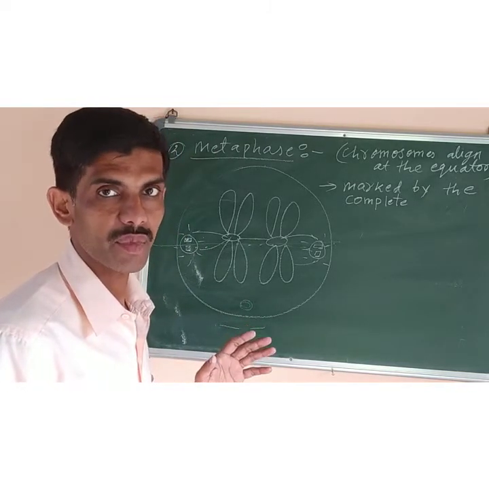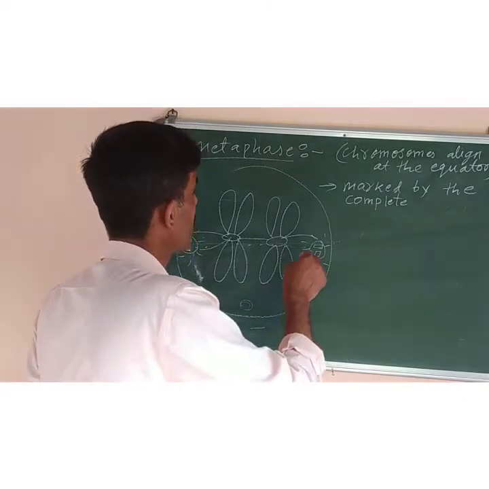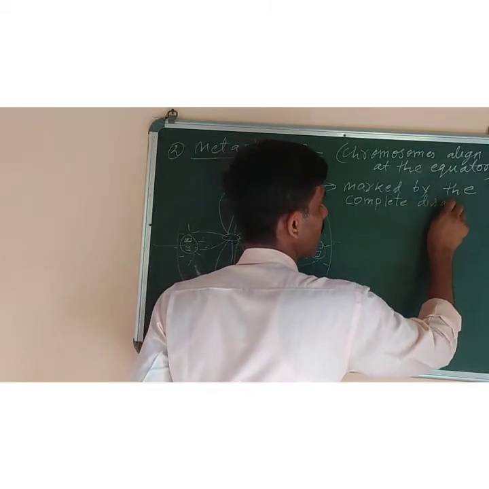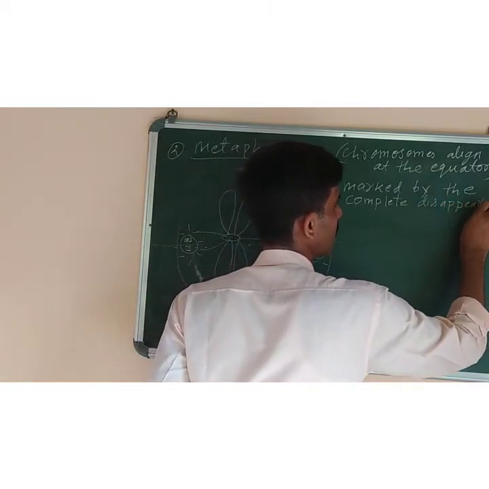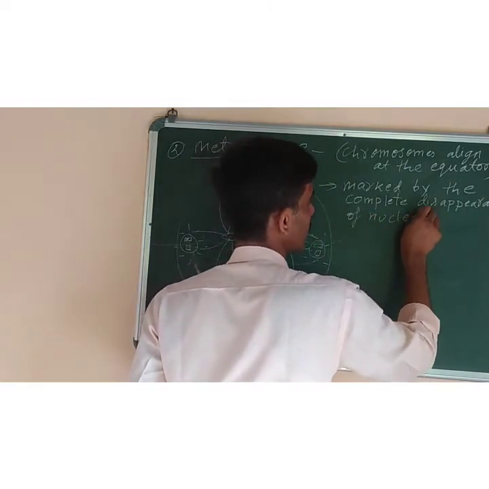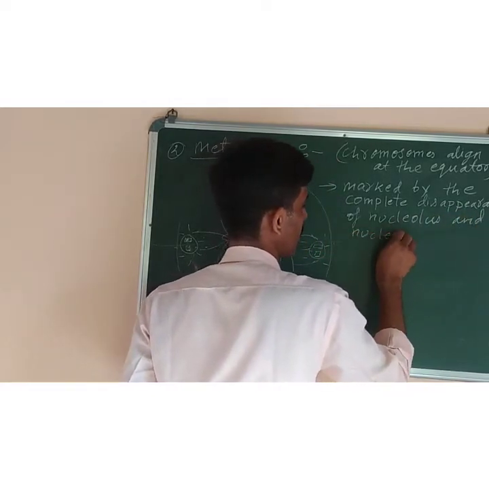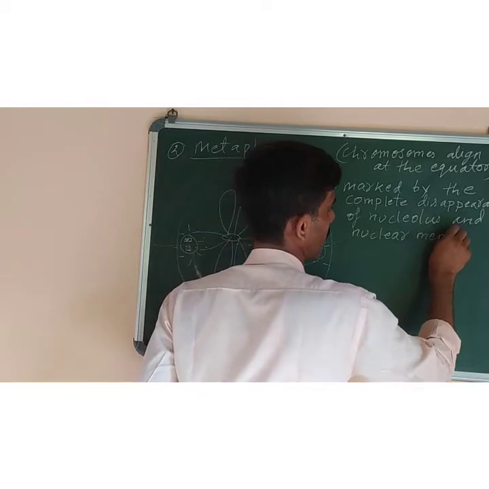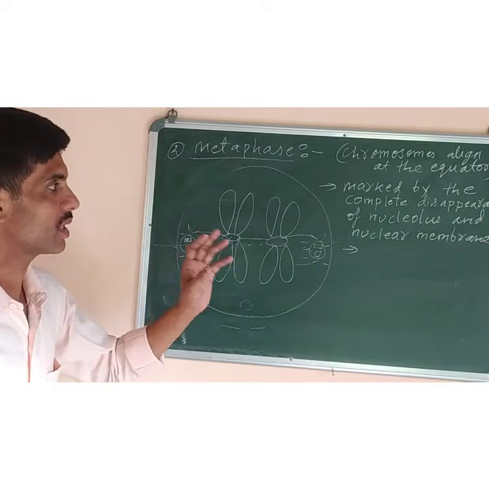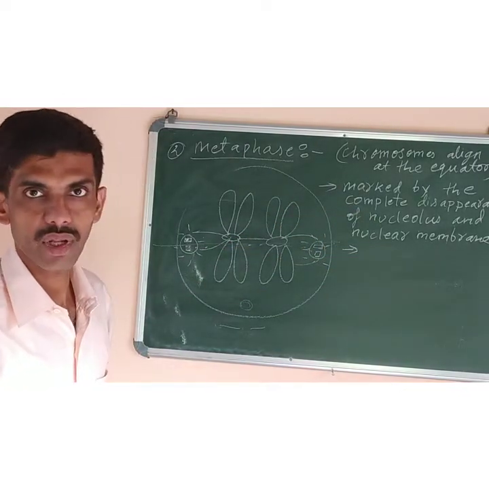Started means the beginning of the event was during prophase, but it had not fully completed. But now in metaphase stage, it is marked by the complete disappearance of nucleolus and nuclear membrane.